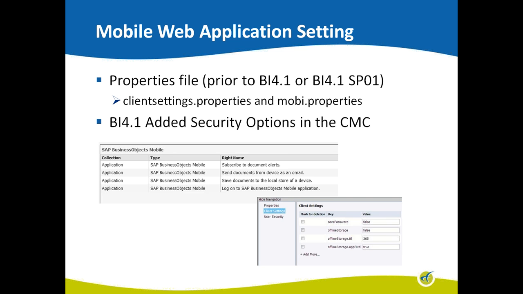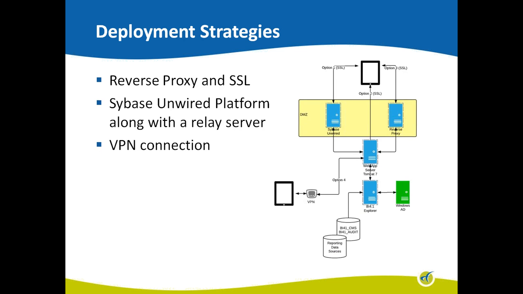Do you allow the ability to save passwords? Do you have offline storage? If so, how long till it's expired? Do we want to allow for application passwords? Those different types of security elements are controlled by the properties file, but in BI 4.1, you can now do them inside the CMC.